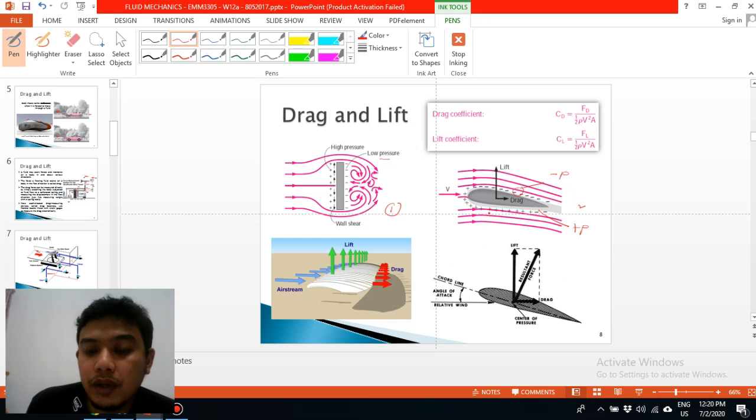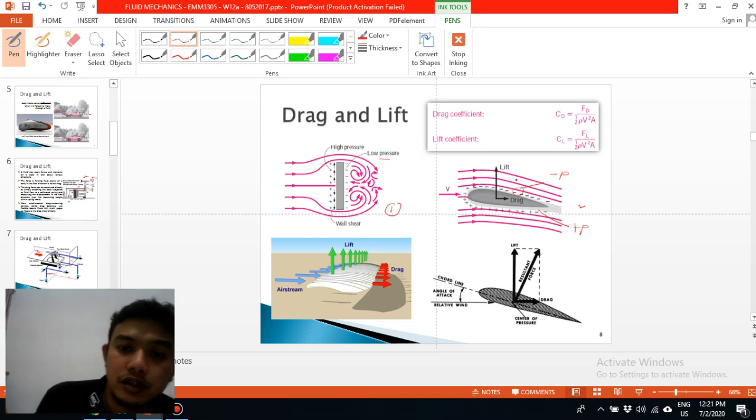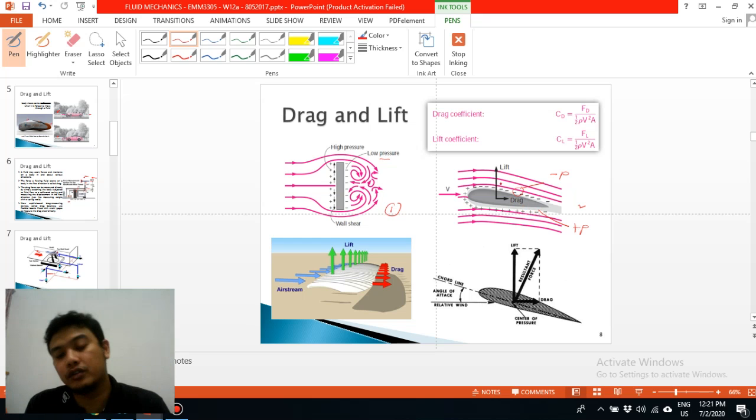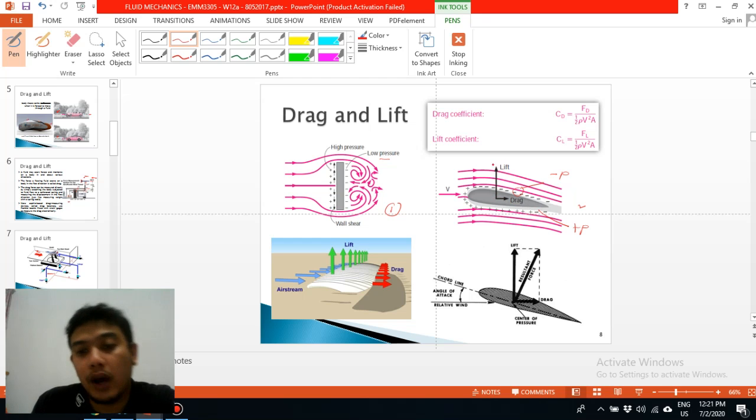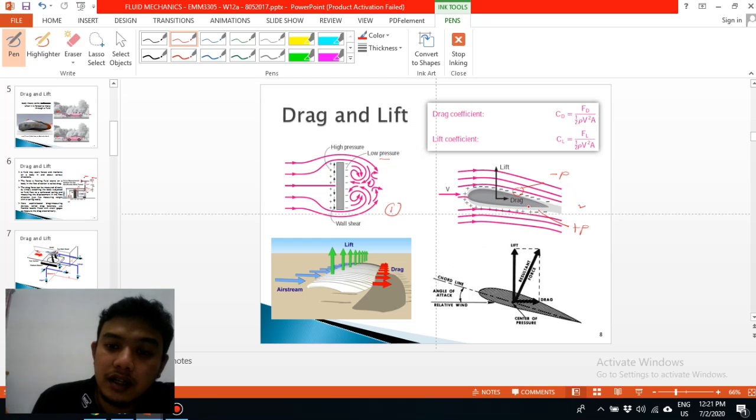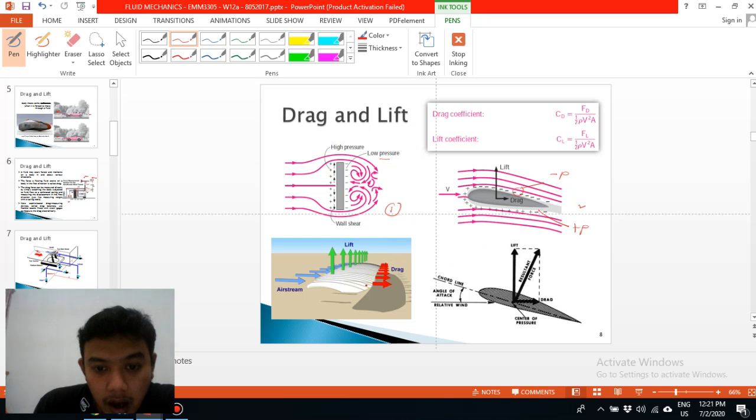The high pressure will help the airfoil to produce lift for the wing. Lift is normally in the y direction going up, and drag is in the x direction. Okay, so this is the reality of the wing.